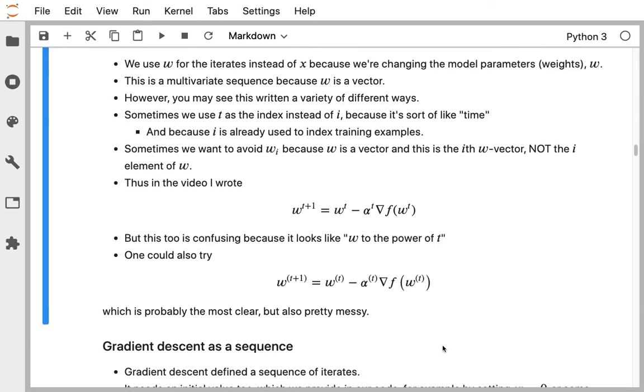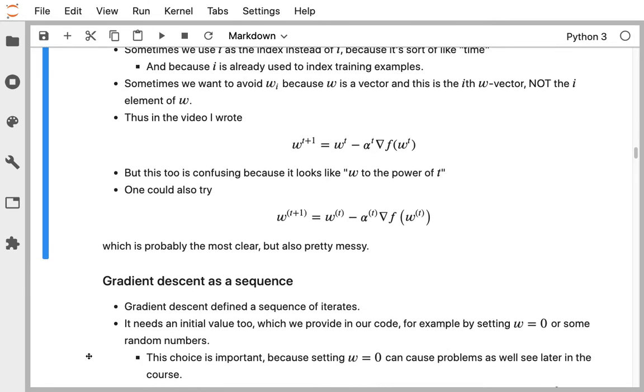All right, so gradient descent as a sequence. Gradient descent is a sequence like we just talked about earlier, and we can see it. It's the next thing equals the previous thing, and then some stuff that you're doing to change it. And so just like those sequences before, it needs an initial value, and as we saw in the lab, the gradient descent function, or the SciPy minimize function, requires that initial value.